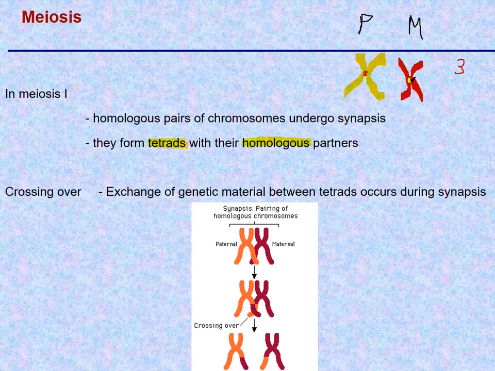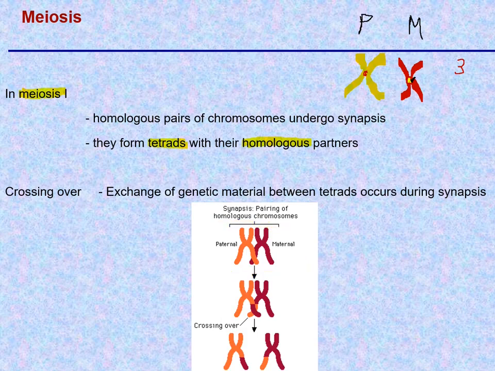What happens during that first phase of meiosis, meiosis 1, is that they line up next to each other, as shown here in this part of the diagram. And they line up and exchange bits with each other. They exchange the equivalent parts with each other. This process is called crossing over.